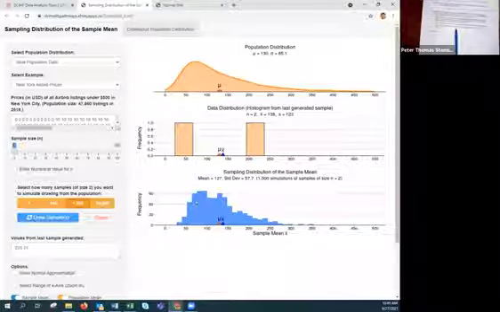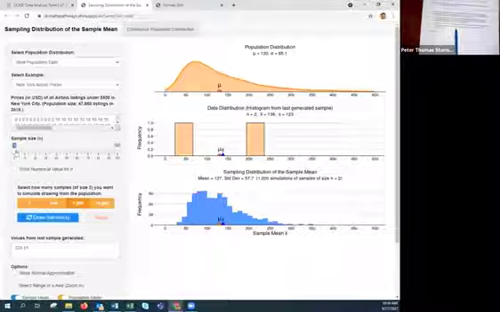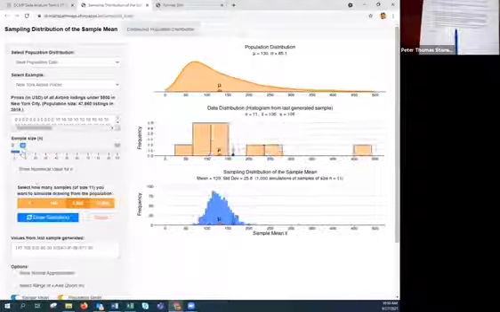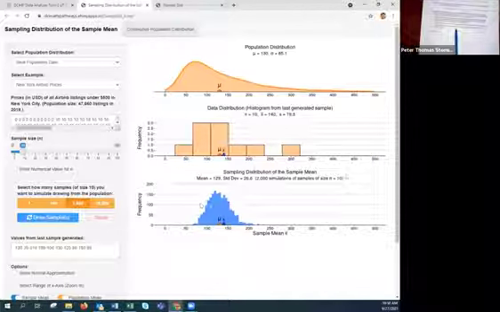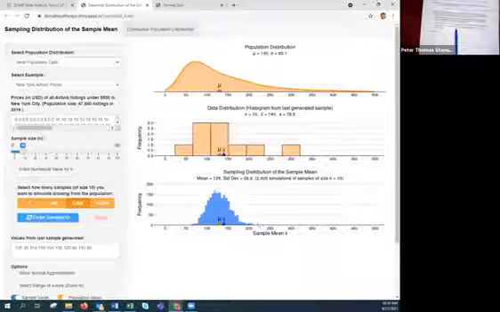Notice that the distribution, like we predicted, is slightly skewed to the right. You're going to do the same thing for sample size 10. So on your sample size bar, you're going to slide it over to 10 and draw the sample for 10. And you're going to see for a sample size 10, you're going to have a mean and standard deviation. But again, this distribution, the sampling distribution of the child, is going to be more normal.